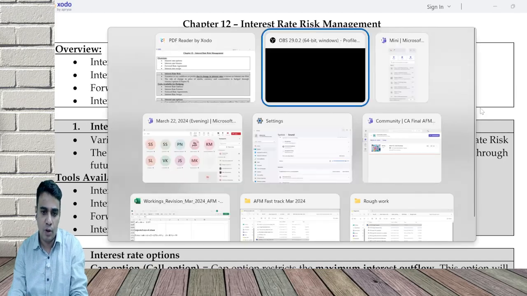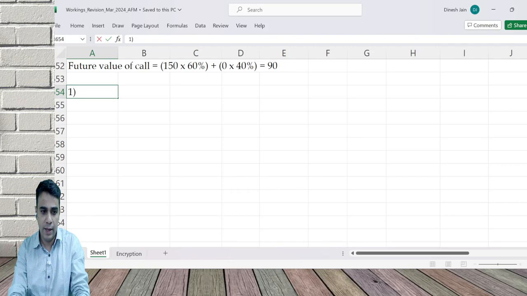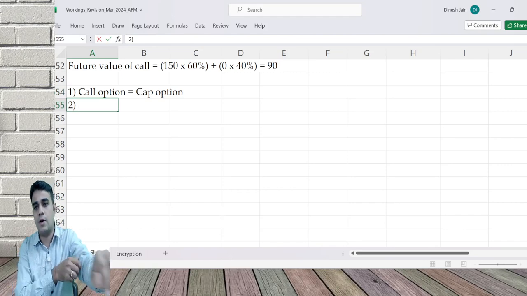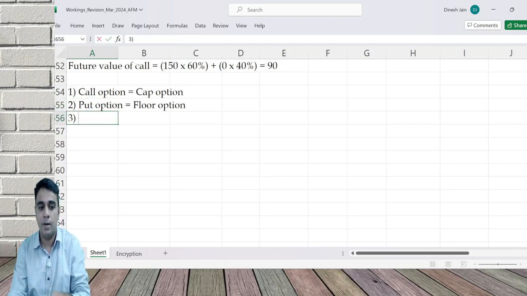Just write this alone. Call option is called cap option here. Put option is called floor option here. Call and put option, here it's called cap and floor.